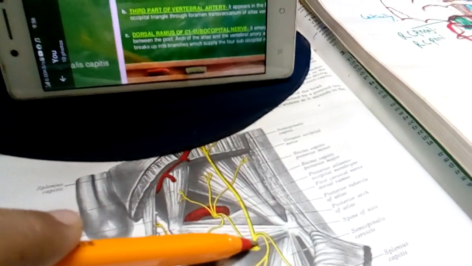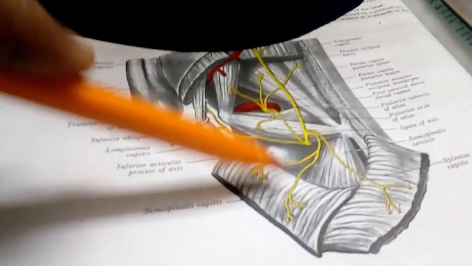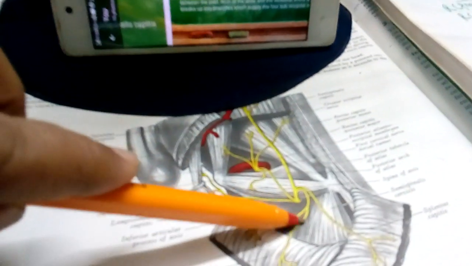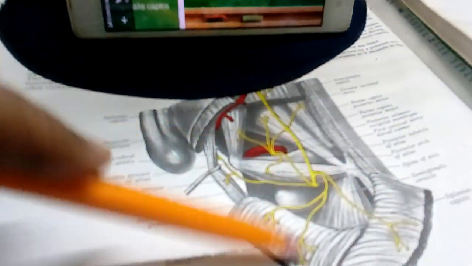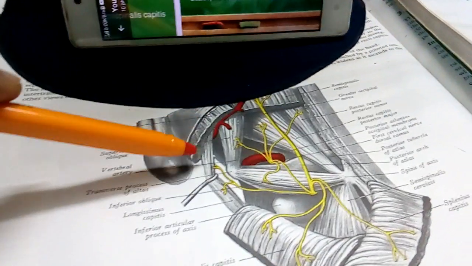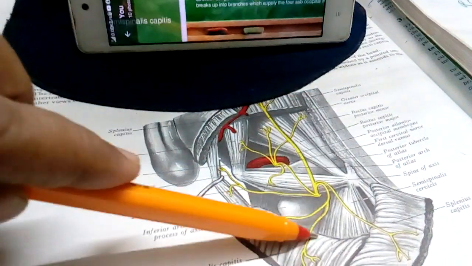You can see the greater occipital nerve. It runs upwards, supplying the roof muscles, and then it ascends upwards to reach up to the vertex. So these are the roof muscles, you can see, that is splenius capitis and the semispinalis capitis. These are the same muscles.